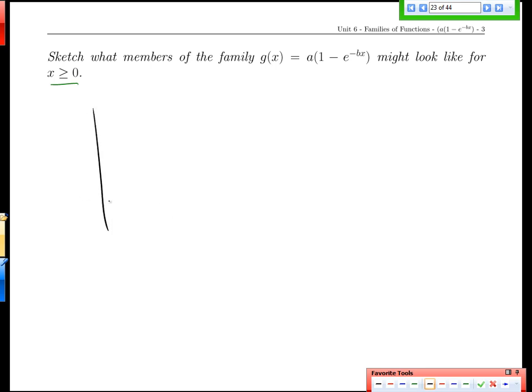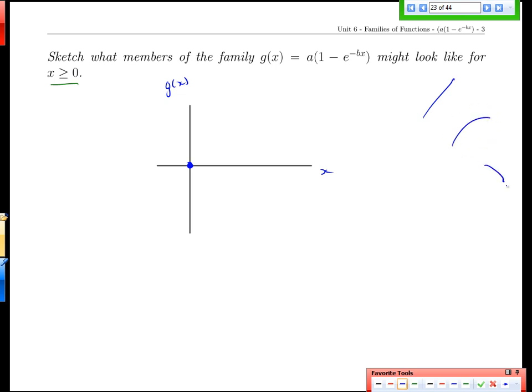That's usually the most interesting part of the function. So we'll draw them through the positive x values, x and g of x. And remember we said they were always increasing and always concave down, so it has to be this shape. Concave down couldn't be this way because that would have a decreasing function. So we'd have some kind of exponential like that.